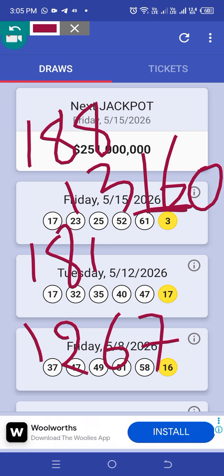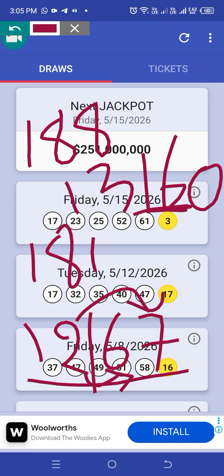That is a number, and we have a 27, 26, and so on, and 17 is still there. 1267, 27, and 26. Or 29 in fact, because 13 moves over to 29 on the Mega Millions only.